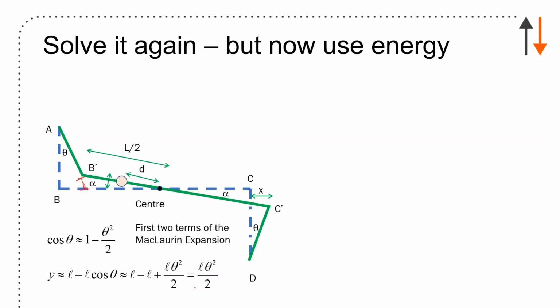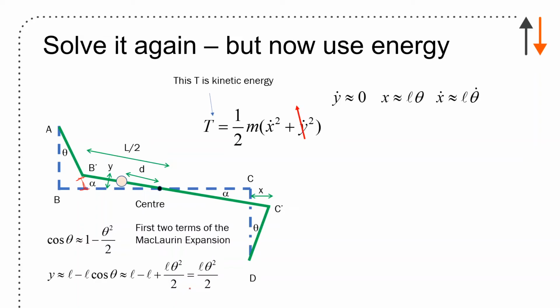So I've got this displacement. T is kinetic energy, 1/2 m (x dot squared plus y dot squared), and y dot in this is going to be assumed to be 0. X is approximately L theta, and x dot then is L theta dot. So T is equal to 1/2 m L squared theta dot squared.